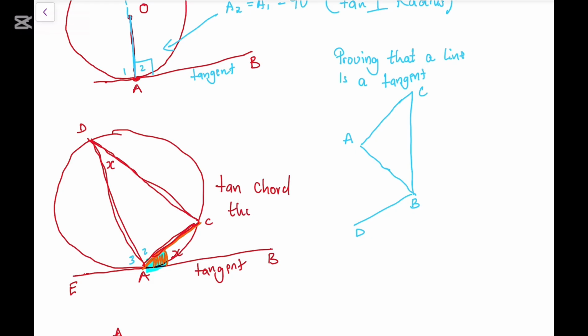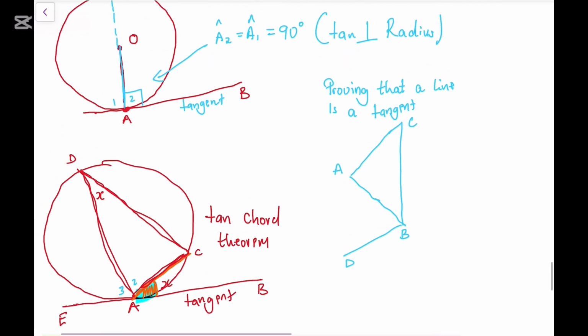Even in the exam, that is how you write your reason. Tan chord theorem. The angle between the tangent and the chord drawn from the point of contact, the chord must be drawn from the point of contact, is equal to the angle subtended by that chord on the alternate segment.